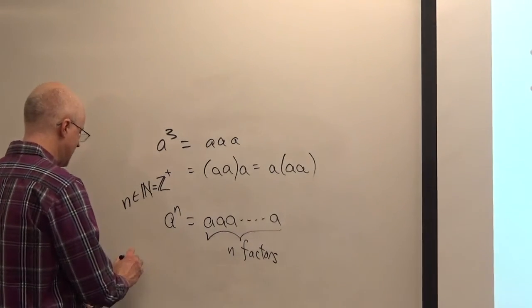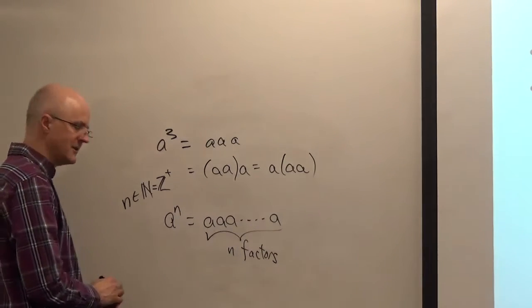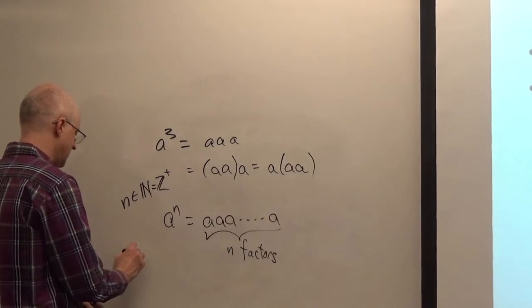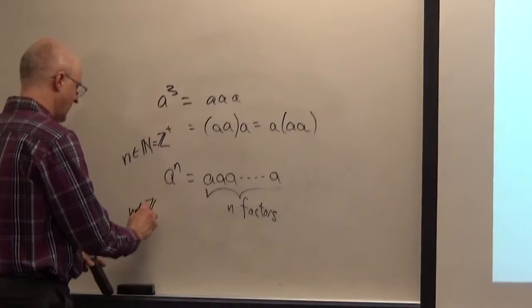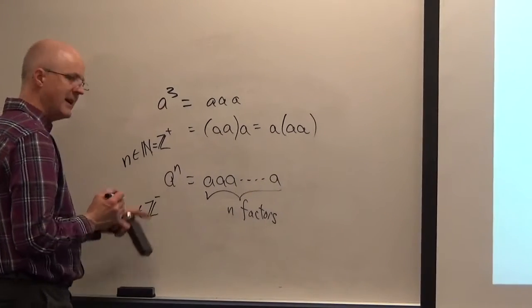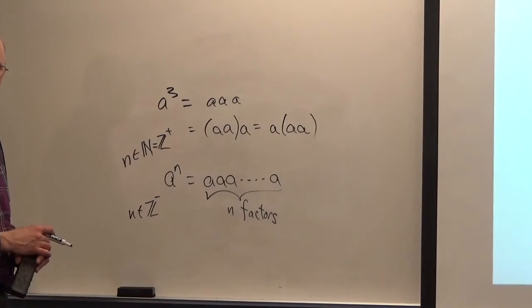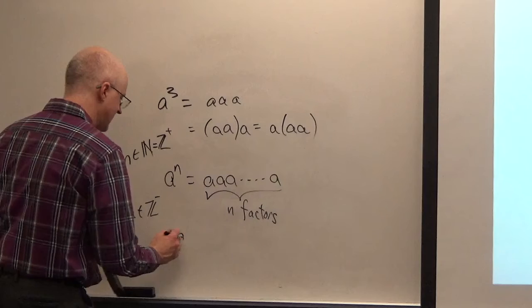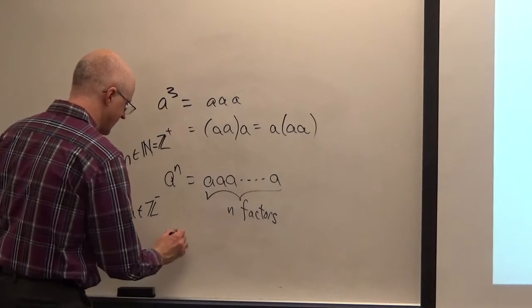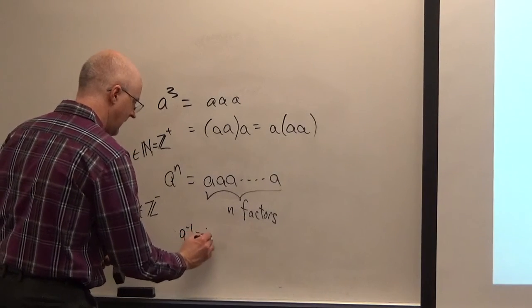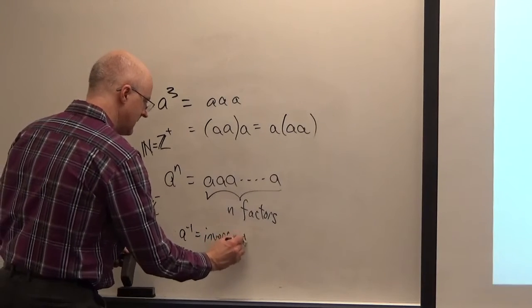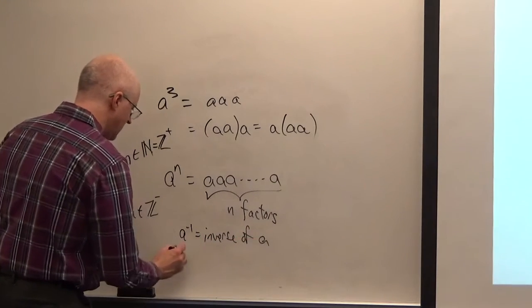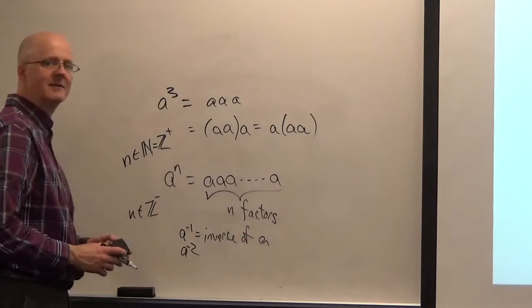How about if n is a negative integer? I don't really typically see this notation, Z minus, but I suppose we can use it for the negative integers. Well, a to the negative 1 is just the inverse of a. What should a to the negative 2 be?